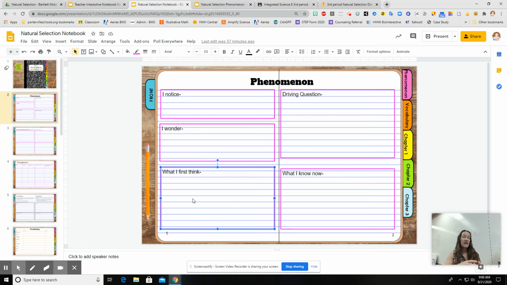That's saying what I first think is. This is like a modified claim evidence reason because you're mostly making a claim. You don't have all the evidence yet, but you will by the end of the unit. And then you can also tie that in with some reasoning. And then as we move through our discussions, we're going to have a what I know now, and we'll answer that too as we go.